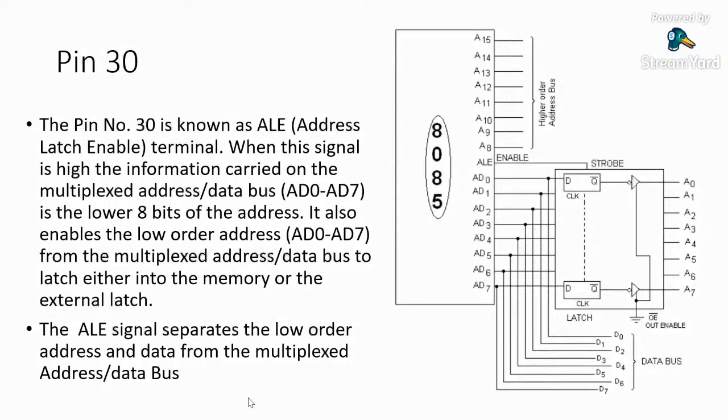So the role of the ALE signal is very important here. For example, this is the additional peripheral which helps the microprocessor 8085 to separate the data and the address. Okay.